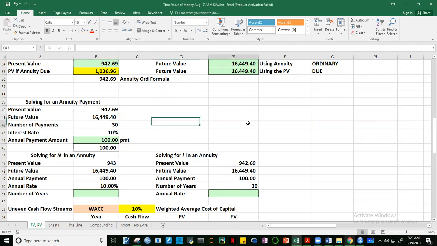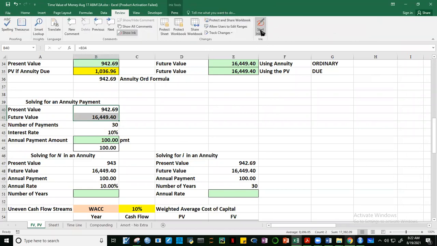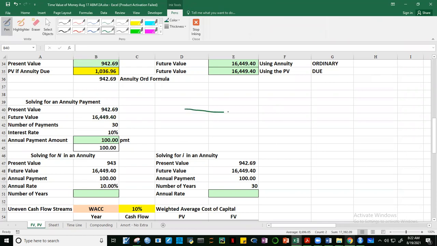Okay, as I said guys, this might cause a confusion kung hindi natin alam yung problem. Let me just clarify this kasi this is very important. So 0, 1, 2, 3, okay, 29, 30.